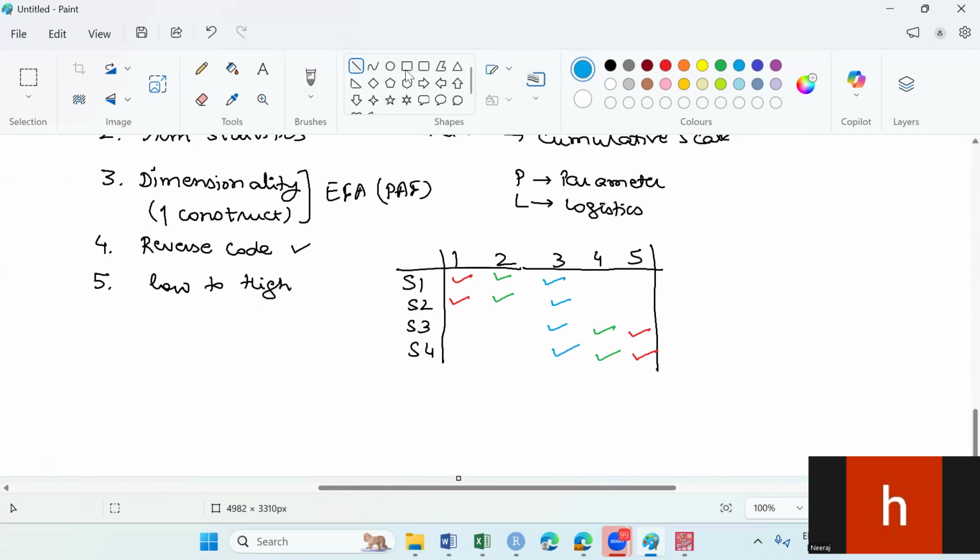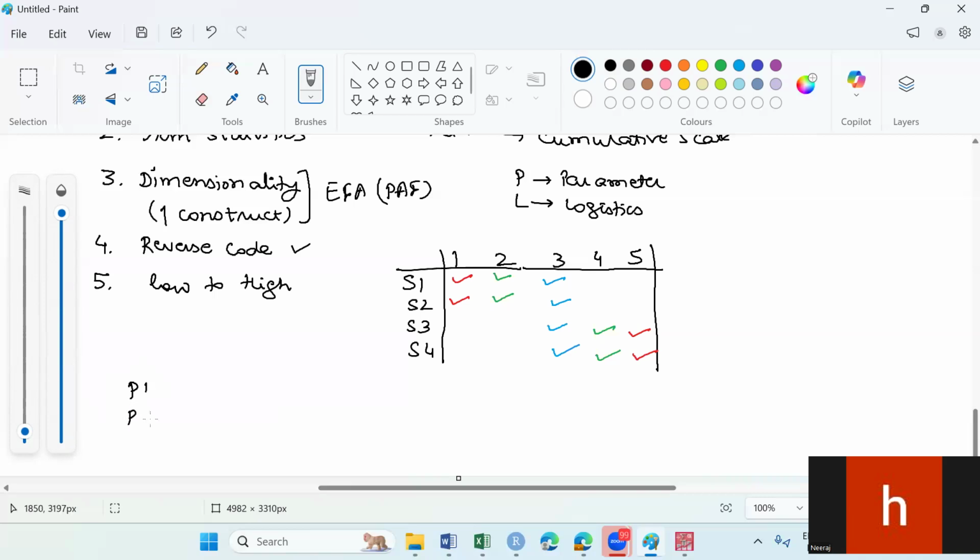Now, when we go for the data entry, 3 persons are there. So person 1, person 2, person 3, and items are taken into columns 2, 3, 4, 5. So the first person coding will be 1, 1, 5, 5, 4 items are there.